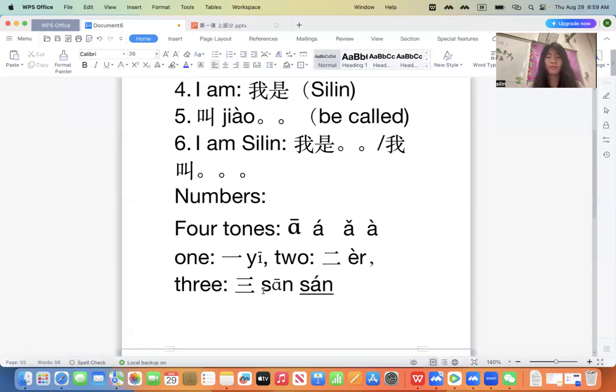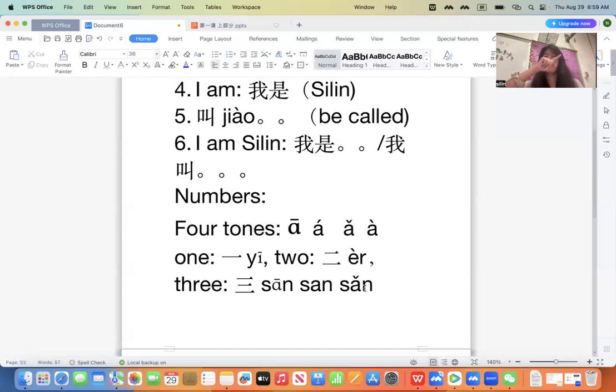The second tone, sán. And how about the third tone? Sǎn. Remember I told you, you're driving the car from the top to the bottom, from the bottom to the top one more time.